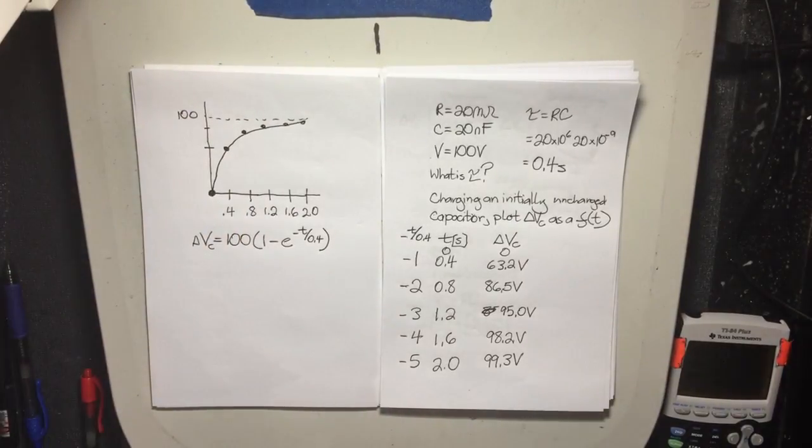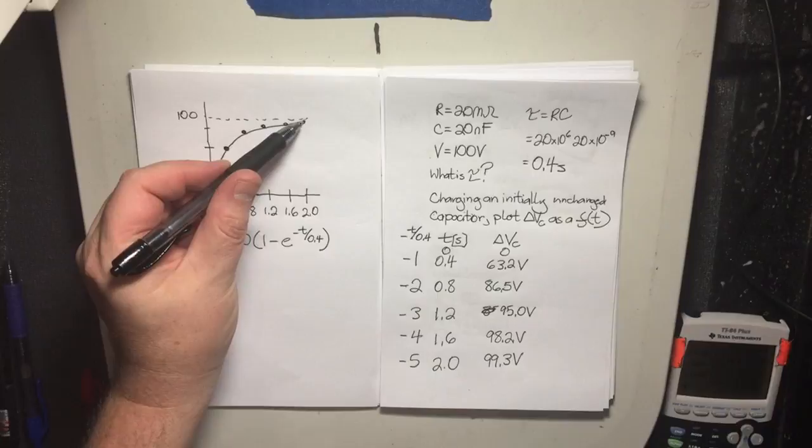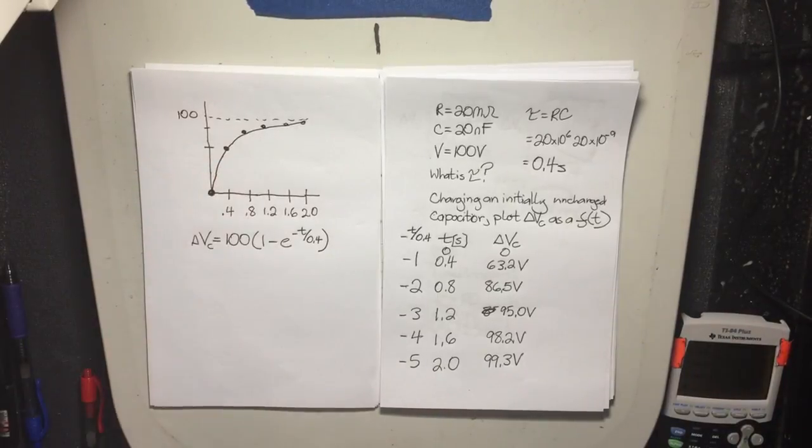Now granted, the student who talked about it a few minutes ago is correct. It is approaching 100, but it would never reach 100. But effectively, after 5 tau, you're at 99%, that's good enough.